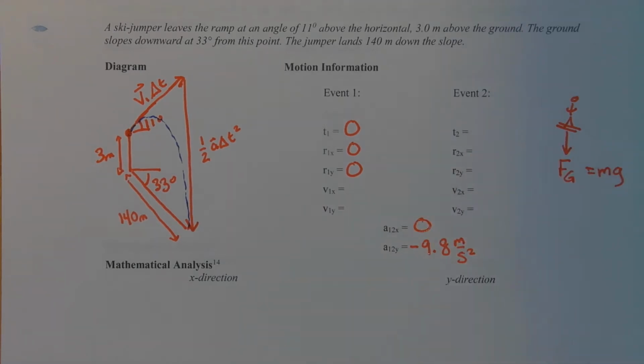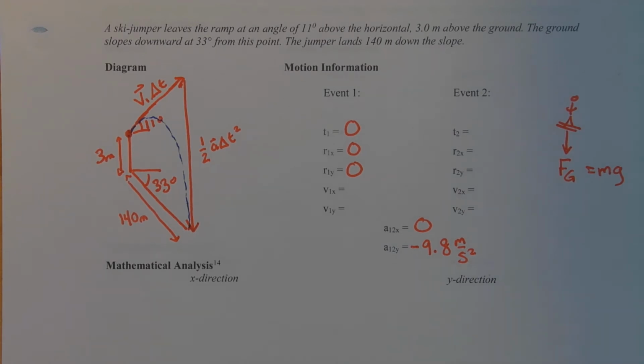In the x direction, the acceleration is equal to 0. And, okay, so that's everything that we can put in for now. I do not know what the initial velocity is. I just know the angle is 11 degrees.